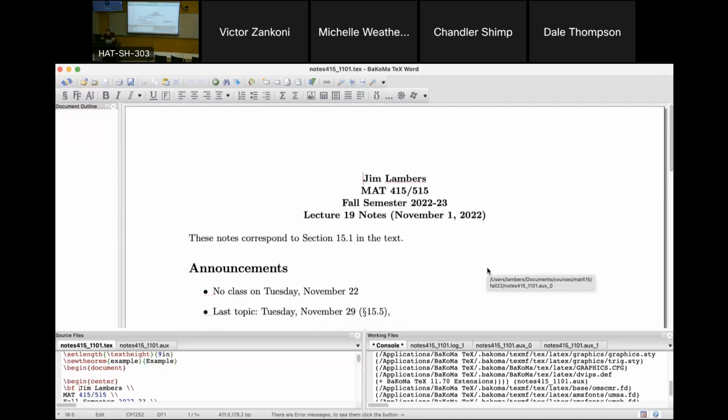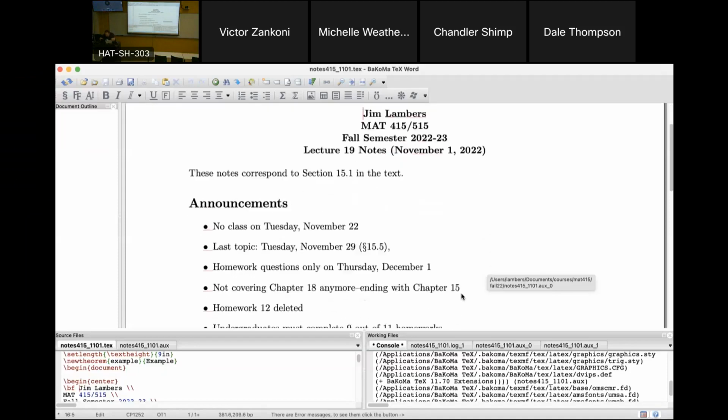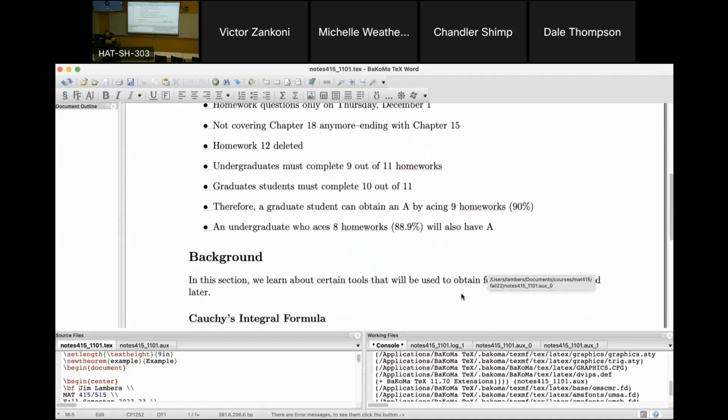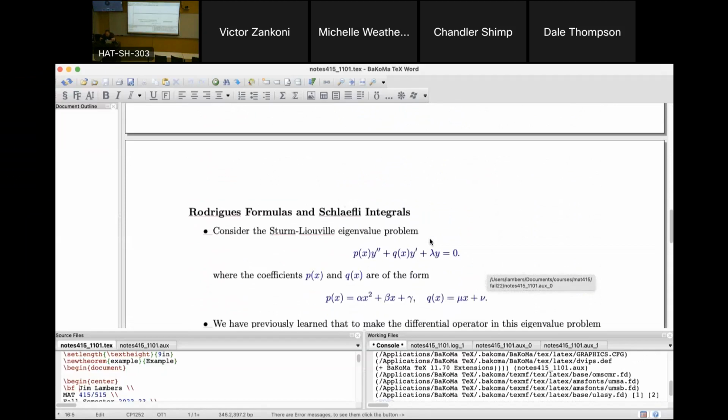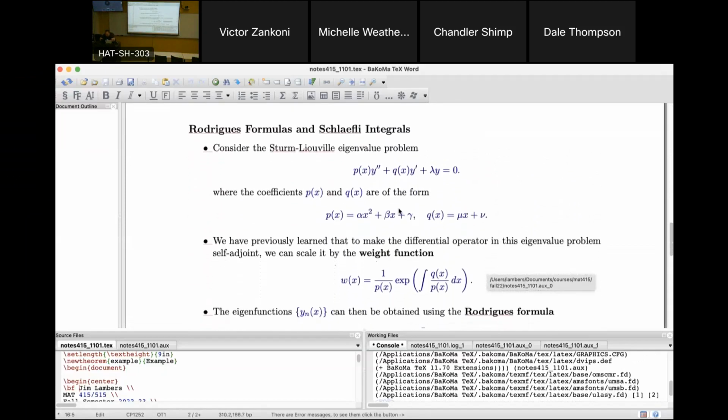Okay, so from last time's notes, I realized I forgot something, and I did my post-processing after class and put it in. That's to do with the Rodrigues formula for the eigenfunctions of a problem such as this.